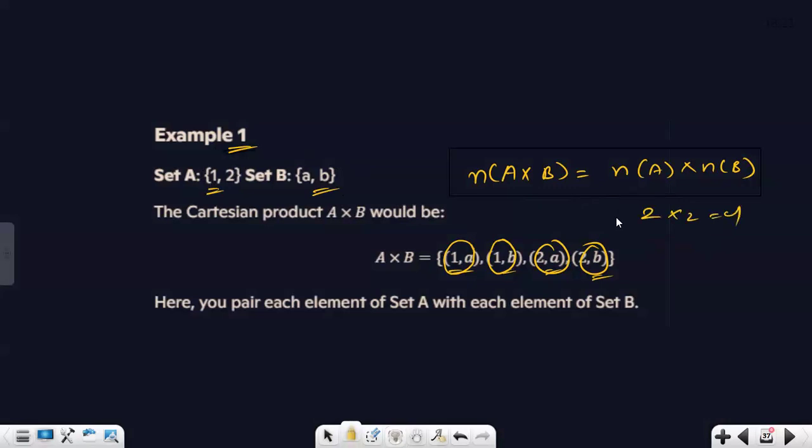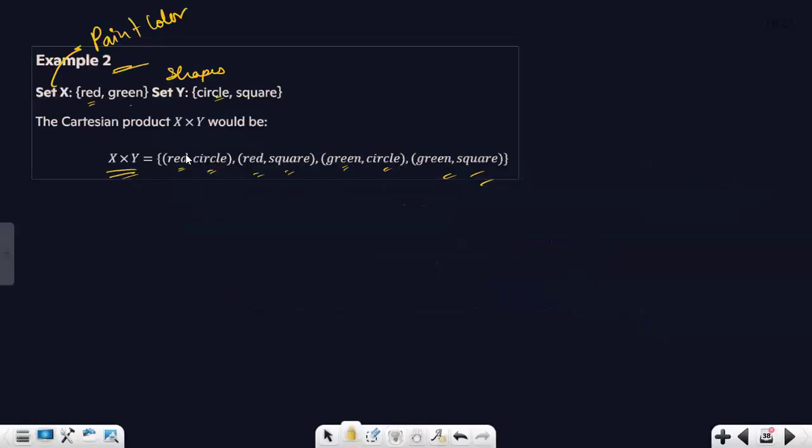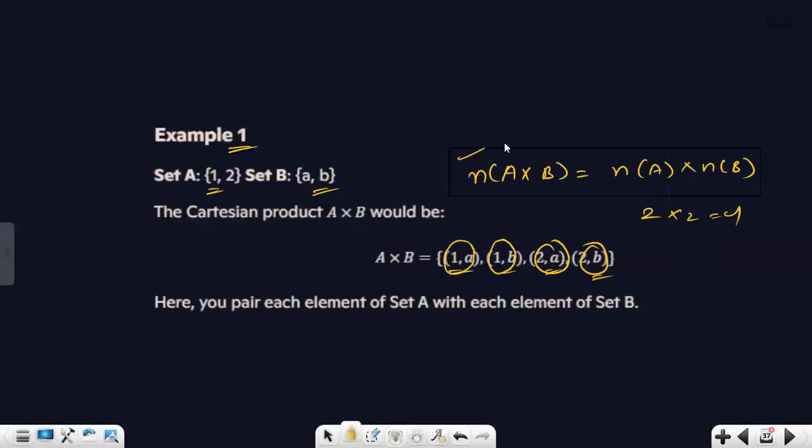Yes, 4 are there. And considering this case, there were 5 elements in A and 2 elements in B, so there must be 10 elements here: 1, 2, 3, 4, 5, 6, 7, 8, 9, 10. Yes, it is the case.